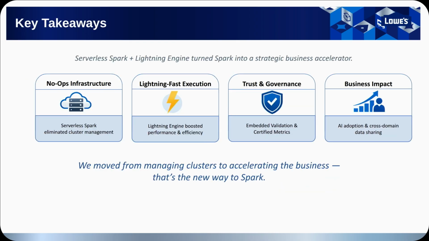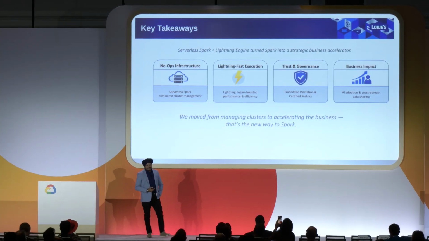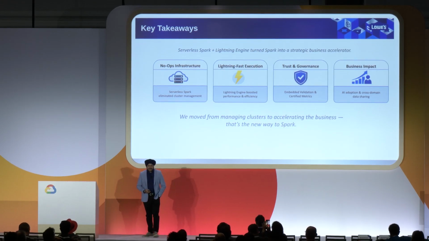So there are a few key takeaways, and one of them is definitely that we have moved from managing infrastructure. We had thousands of servers in our ecosystem. We completed those migrations on time, and we have moved to NoOps infrastructure. The second key takeaway: Lightning Engine helps us boost our performance at scale to meet our business SLA on time.